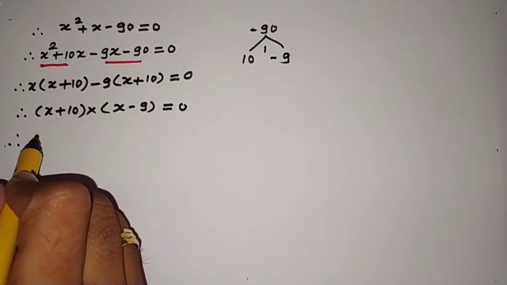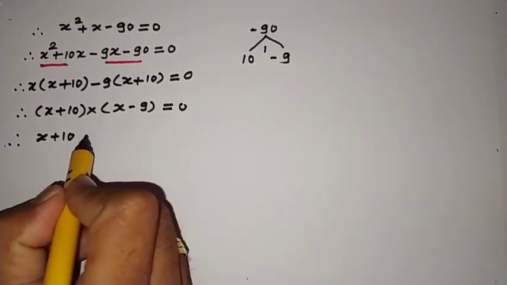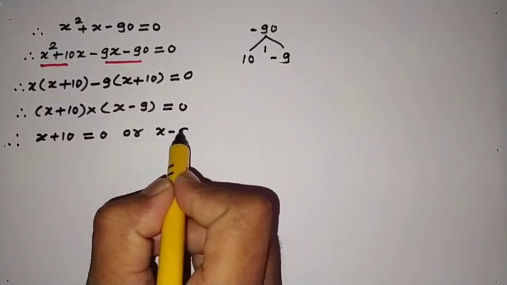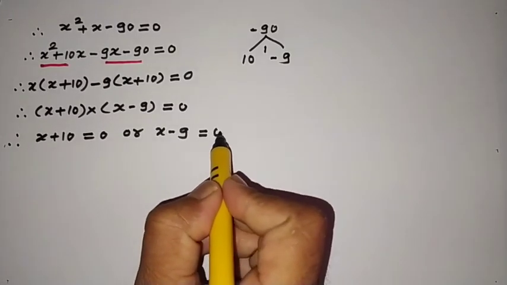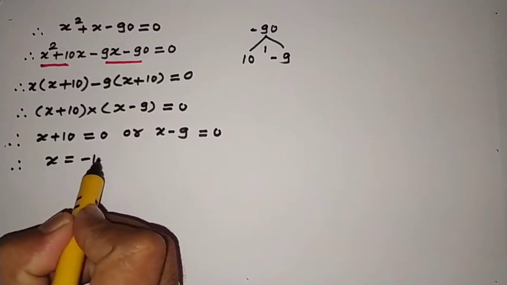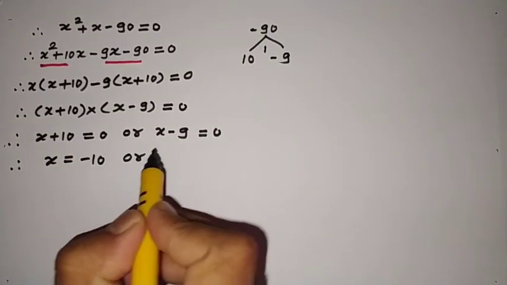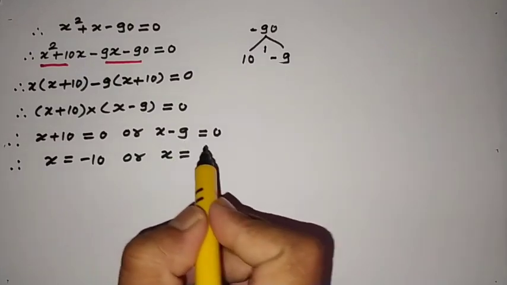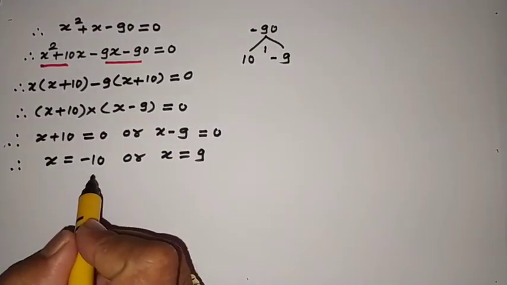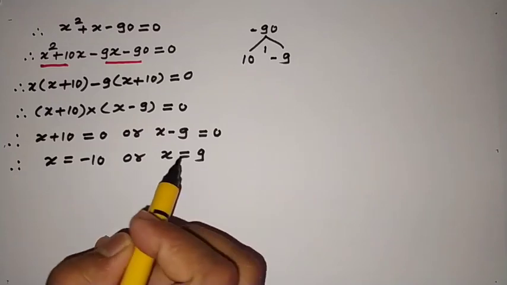Therefore x plus 10 is equal to 0 or x minus 9 is equal to 0. So x is equal to minus 10 or x is equal to 9.